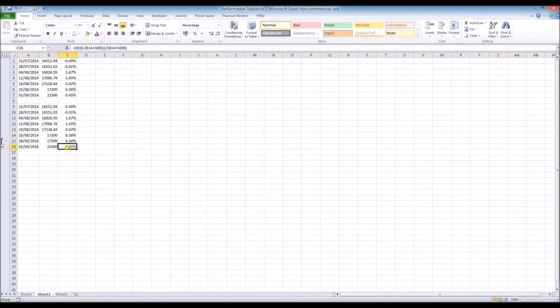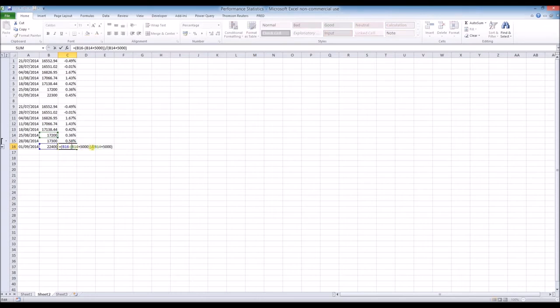To work out the returns for the next week, you record your portfolio value for that week. So let's call it 22,400, and the return formula changes slightly because you need to take account for the two halves of the week, their returns separately, or compounding each other really is the best way to put it.